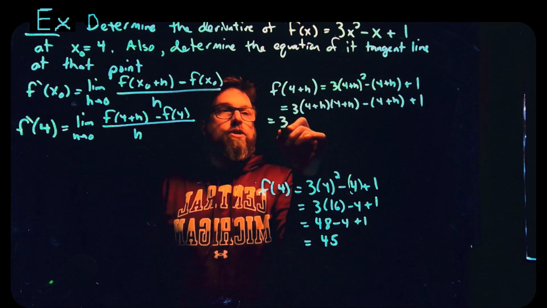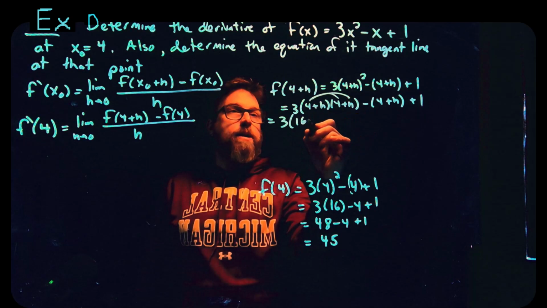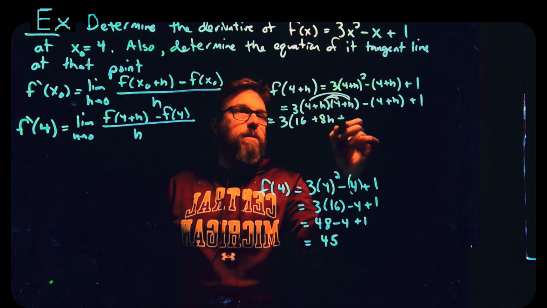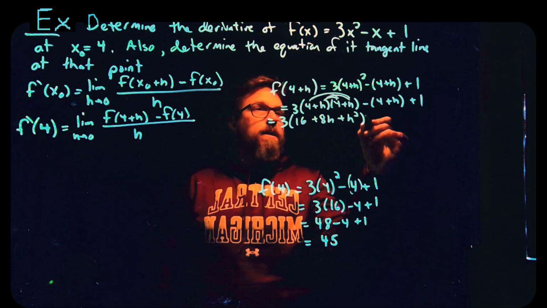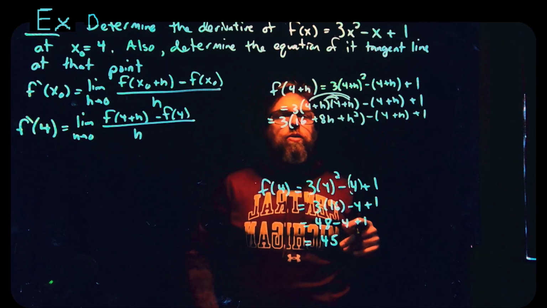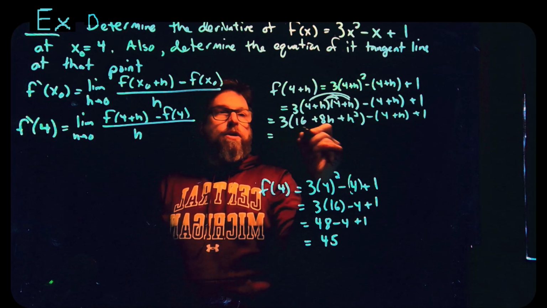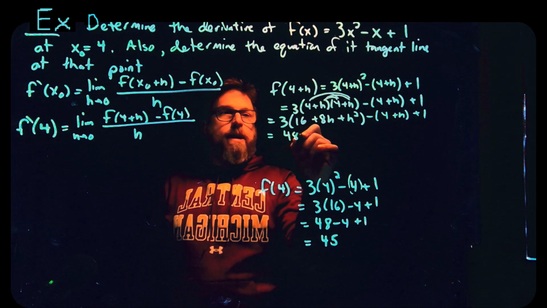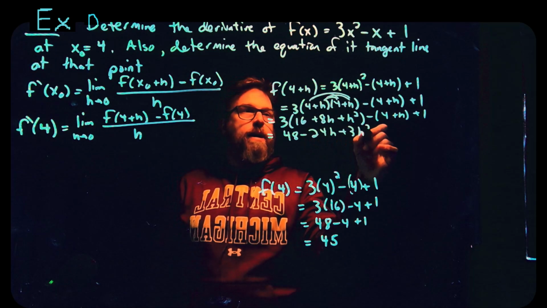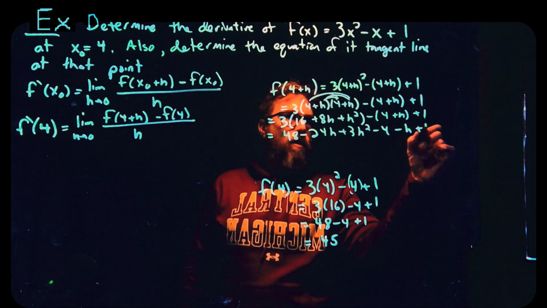So this is 3 times first 16, outside is 4h, inside's another 4h, so that'll be 8h, and then last is going to be plus h squared, minus 4 plus h, plus 1. So I just squared them. Now we'll do all the multiplication. So 3 times 16 is 48, plus 24h plus 3h squared, and multiplying here, minus 4 minus h plus 1.